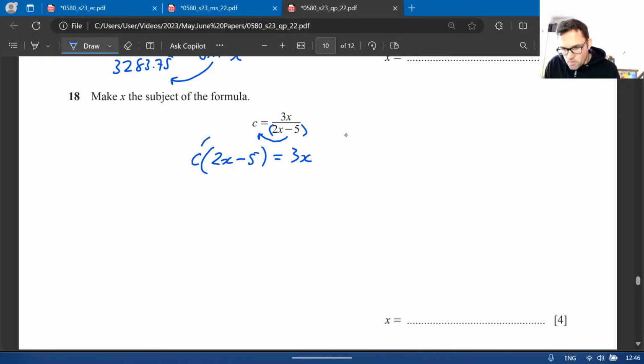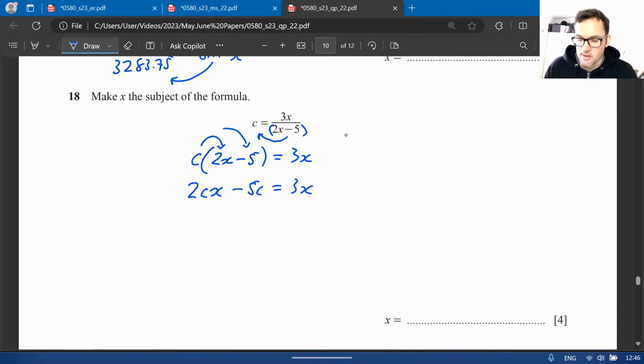So next thing we do, we expand the bracket. C times 2x is 2cx or 2xc. C times minus 5 is minus 5c, equals 3x. Nice. What we can do now is move all the terms with an x to one side and everything that doesn't have an x to the other side.